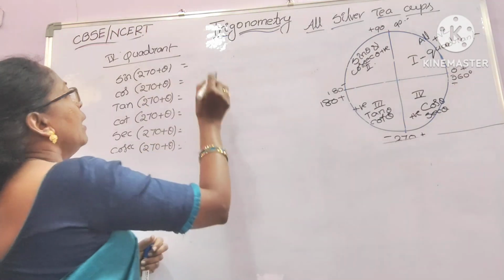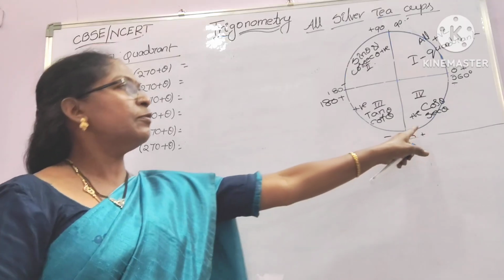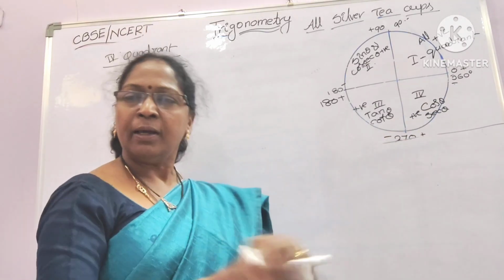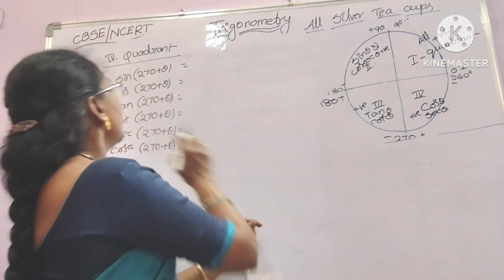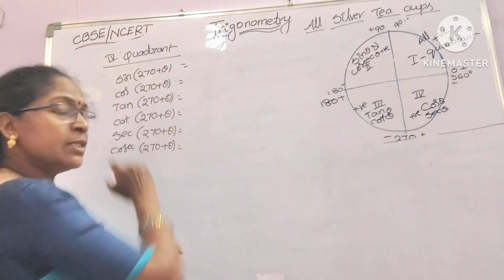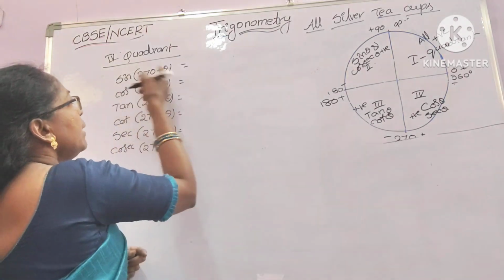First you write. Now 270 plus theta comes under the fourth quadrant. In the fourth quadrant, only cos and secant are positive. Remaining all are negative. Whenever 90 or 270 is there, sin becomes cos.